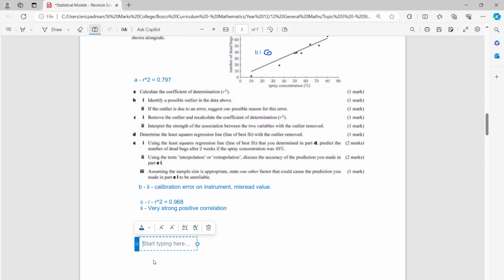All right, so part E. Now, I'm actually just going to punch this in by straight up substitution. So we're going to do X is equal to 49, which is the concentration percentage. I'm going to move this over here so I can see better.